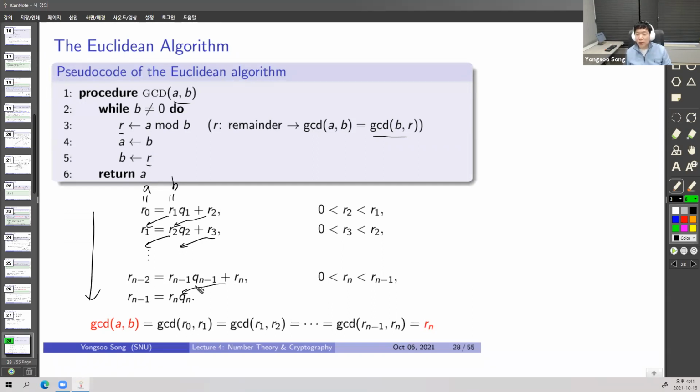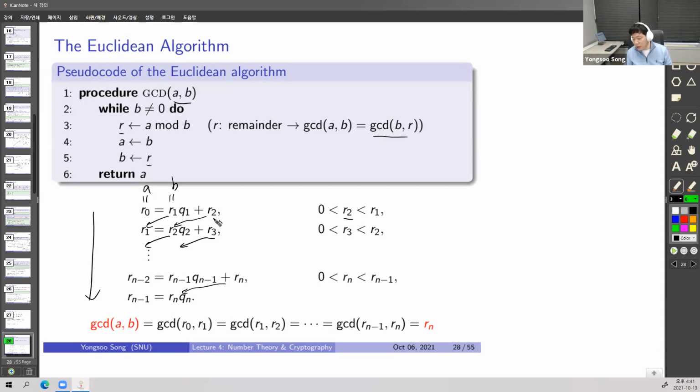So how can you show that this process terminates in finite time? It's easy to show that this process terminates because the size of R decreases after each iteration.